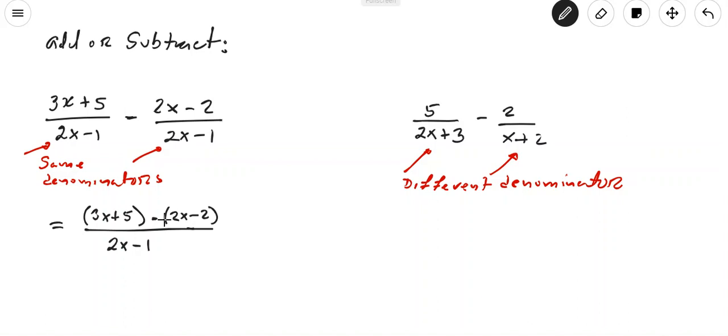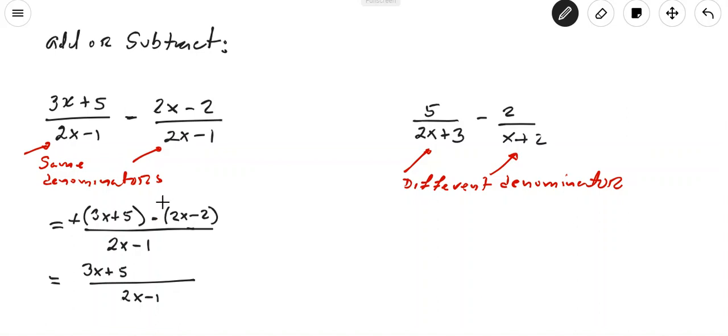I have enclosed both numerators in parentheses because, as we have a negative sign, you're going to see how we now have to reverse the signs inside the second parenthesis, I mean the signs of the second numerator. So when I remove the parentheses, I have my denominator 2x minus 1 here. There is an invisible positive sign here, so the signs of 3x plus 5 are going to stay like that. So we say 3x plus 5.